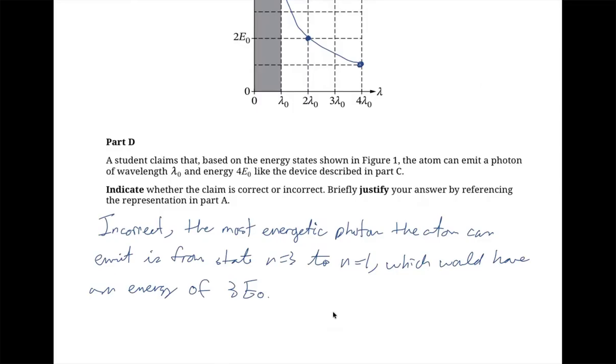There is no pair of states that could emit a photon of energy 4 E naught.